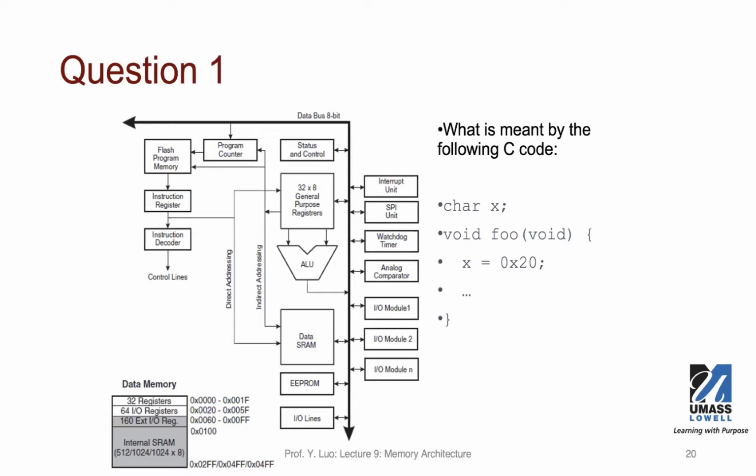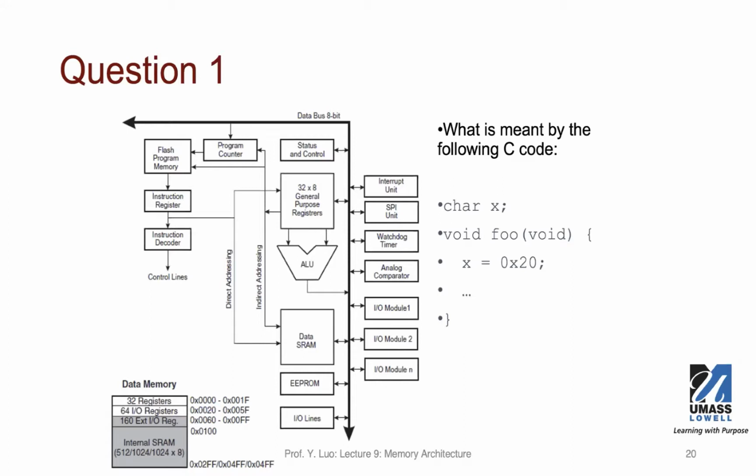Specifically, what is the data width of this variable? Is it a byte or word or 2 bytes or some other size? 1 byte. Yes, 1 byte. And the other question is specifically where this variable is going to be stored.